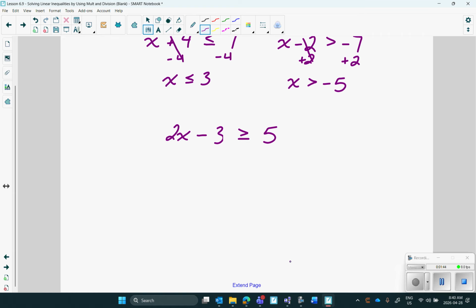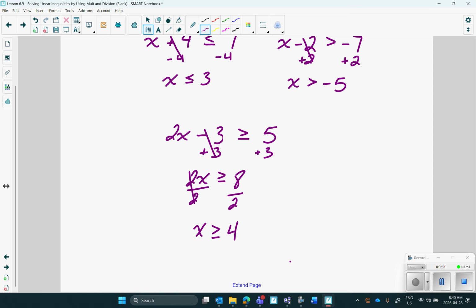Add 3 to both sides. And you get 2x is greater than or equal to 8. And then divide by 2 to get the x by itself. And then x is greater than or equal to 4.